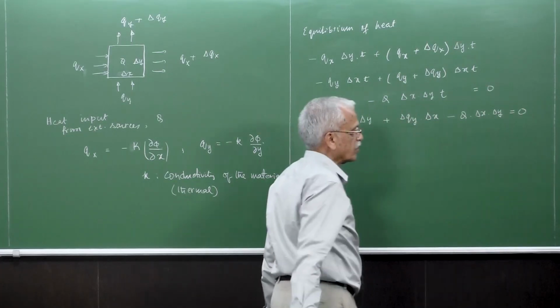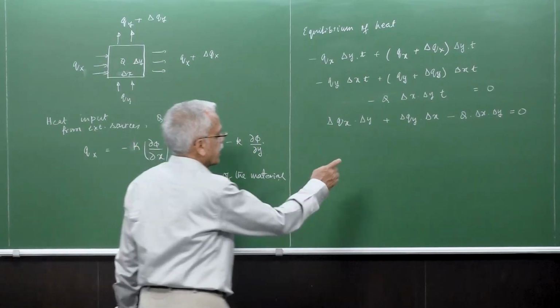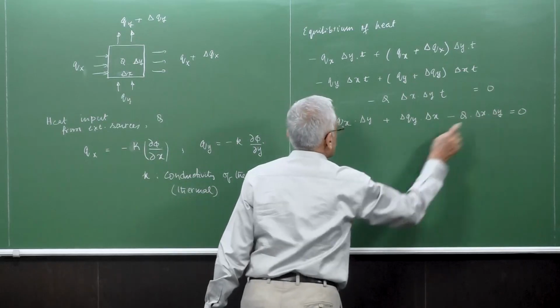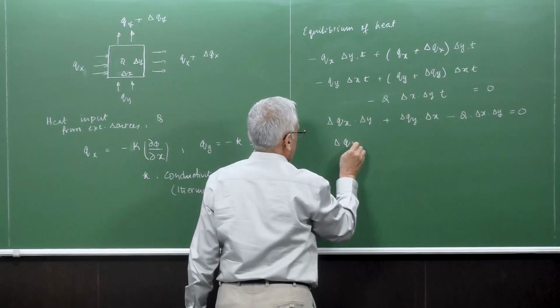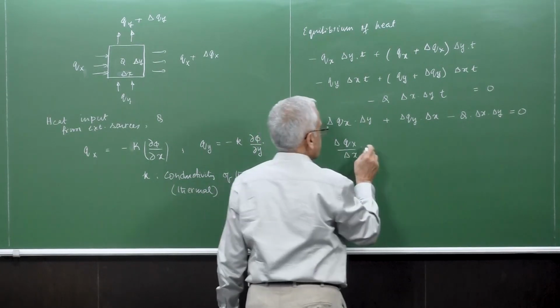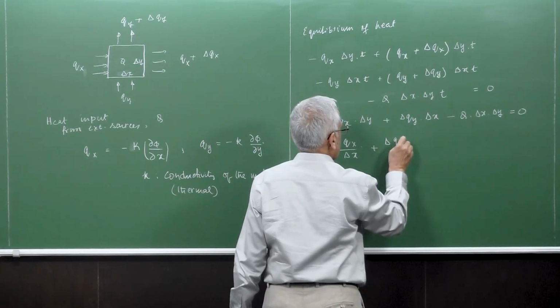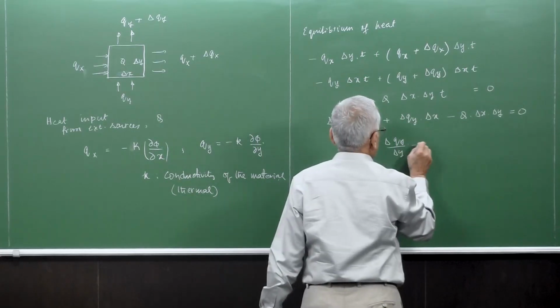T is the uniform thickness. So this is how it is. Then we have delta x, delta y here, and we cancel one of them with delta y, and we have delta y here.